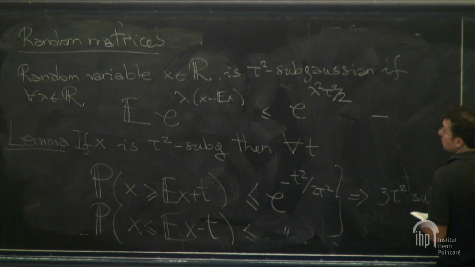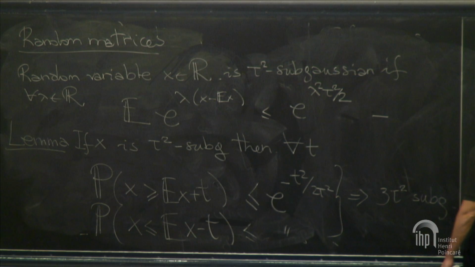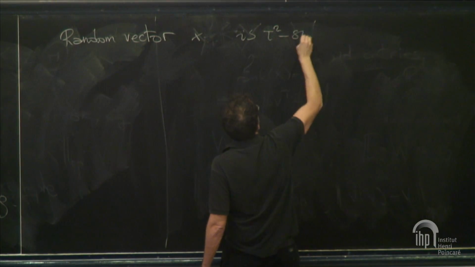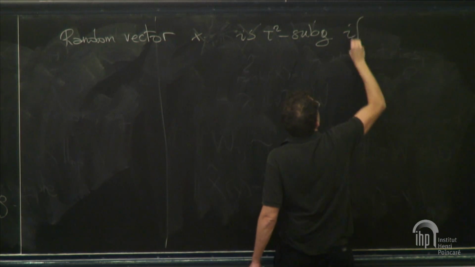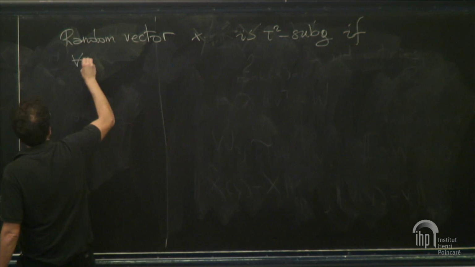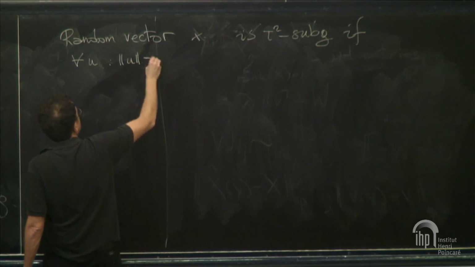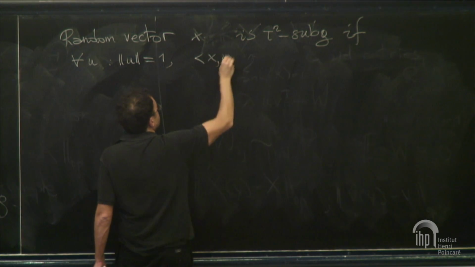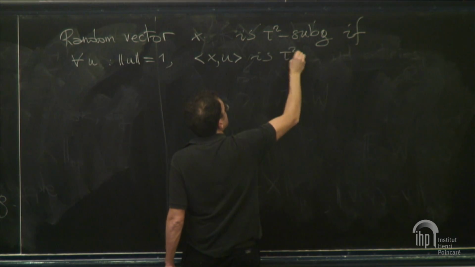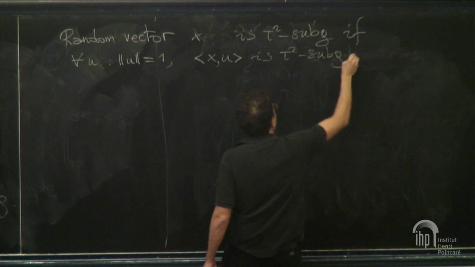Okay, very nice. What about a random vector? Let's say in d dimension. Doesn't matter. So a random vector x is tau square sub-Gaussian if for any u with norm of u equal to 1, x times u is tau square sub-Gaussian.